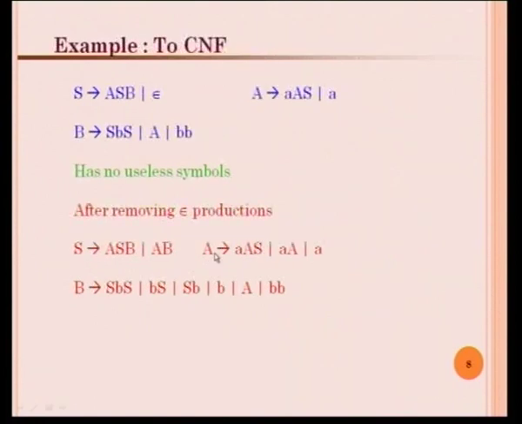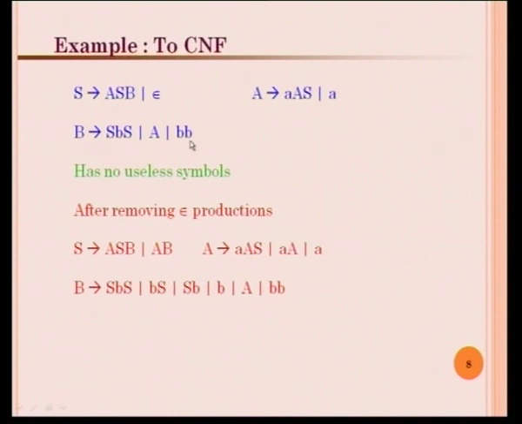Now, to convert the grammar into its equivalent CNF, we have an example. We have S, where the right hand side is capital A, capital S and B, or epsilon, and then A is A, capital A, S or A, and for B also we have three production rules.